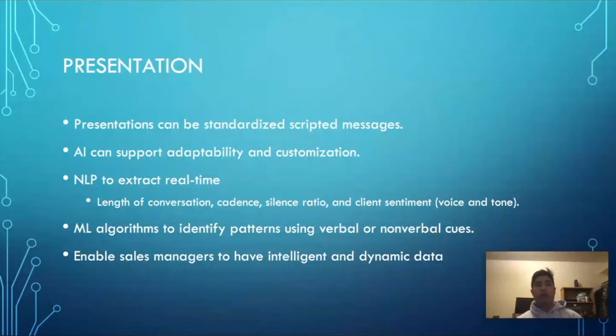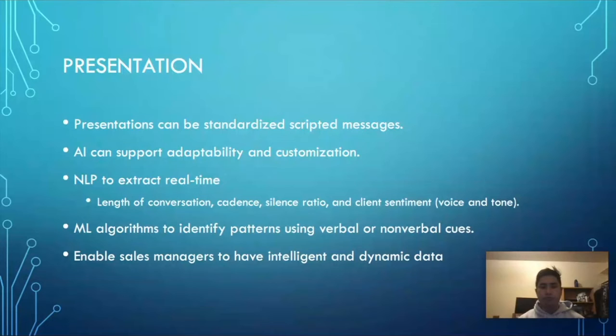So, for example, if you're in a sales call, you can collect metrics such as length of conversation, cadence, silence ratio, and client sentiment, which would be things like voice and tone. Even the things that they're saying can be used to analyze certain patterns. Machine learning algorithms can also help identify patterns using verbal or nonverbal cues.